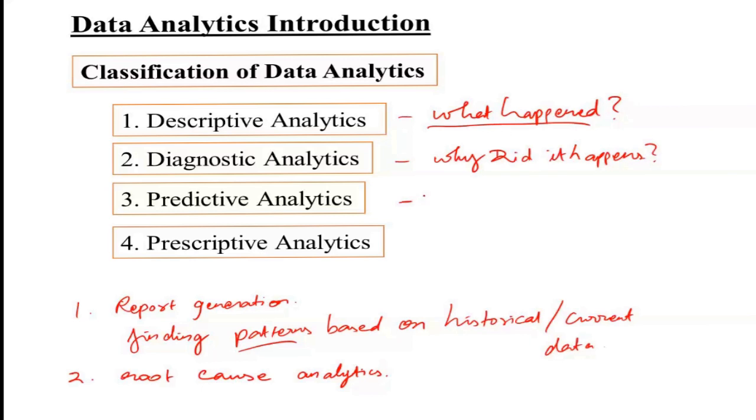So based on what happened and why it has happened, we are likely to predict the occurrence in the future, based on past information. For example, the sales team can learn the revenue potential.